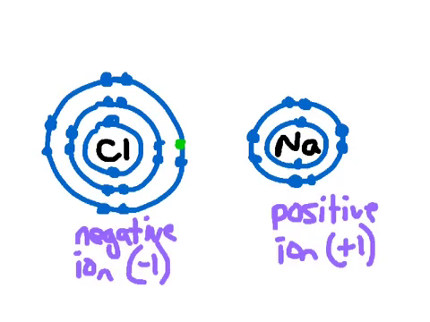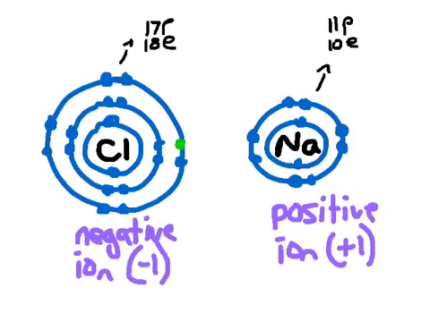Because that electron left, sodium now has 11 protons, but only 10 electrons. So 11 protons plus 10 electrons is going to be 1 extra positive charge. Chlorine now has 17 protons, and it got an extra electron, so it's 18 electrons now. That means it's got that -1 charge.